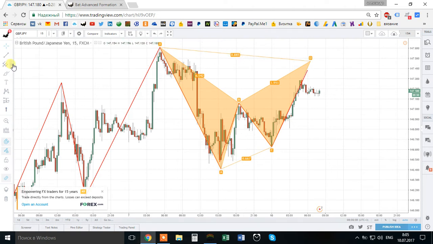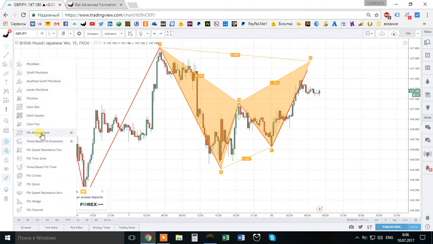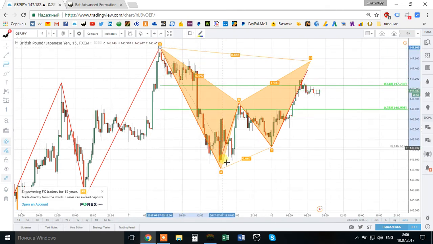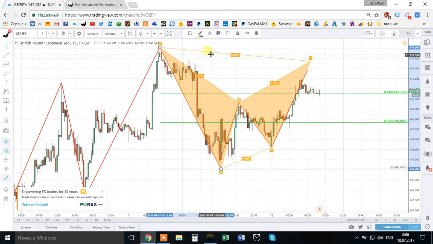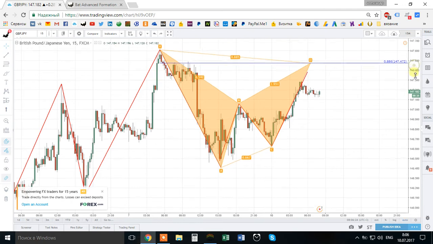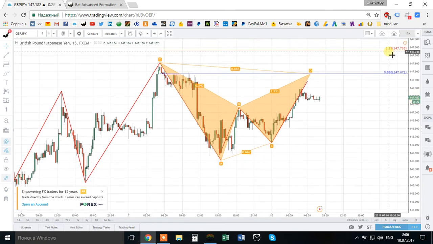Okay, to have the precise numbers, stretch your fib retracement from X to A. I have a template already, but this is the precise number, with quotes inside of that. So this is the 886, and in brackets we have a quote. Okay, I also enabled the 113 for stop loss.